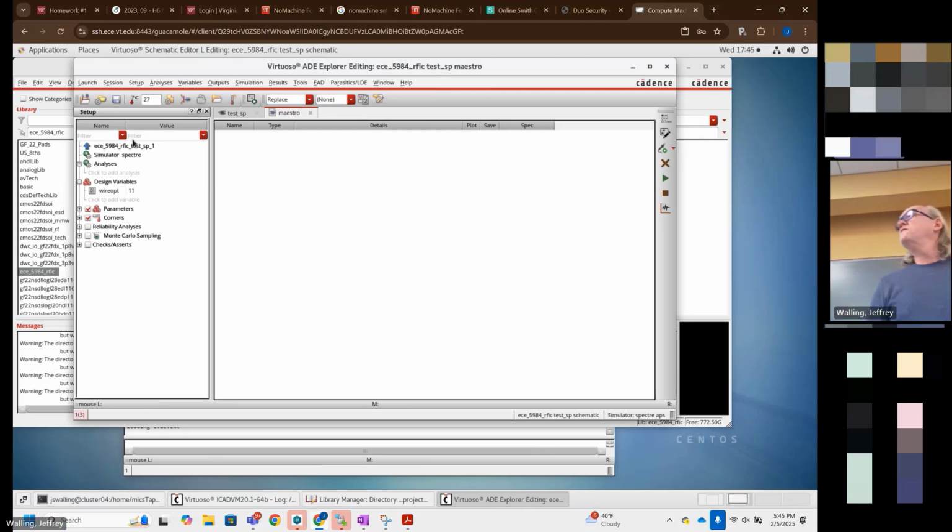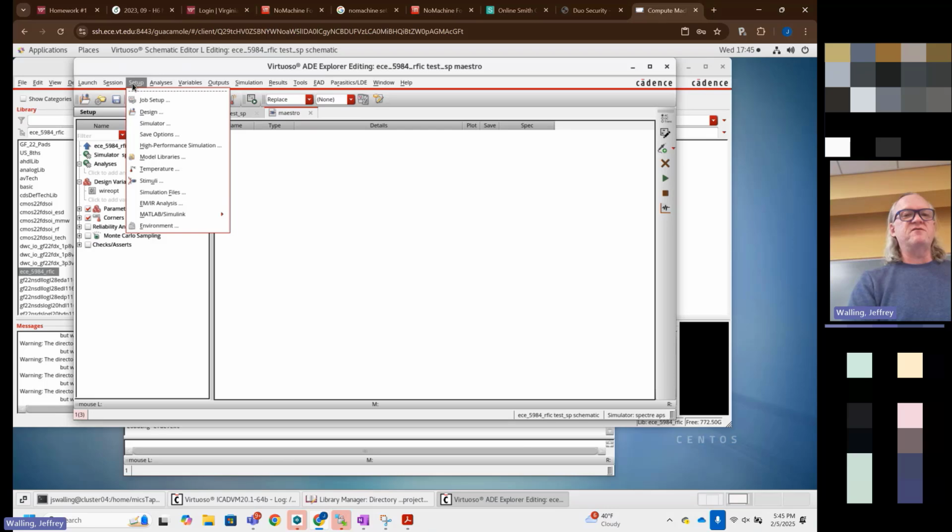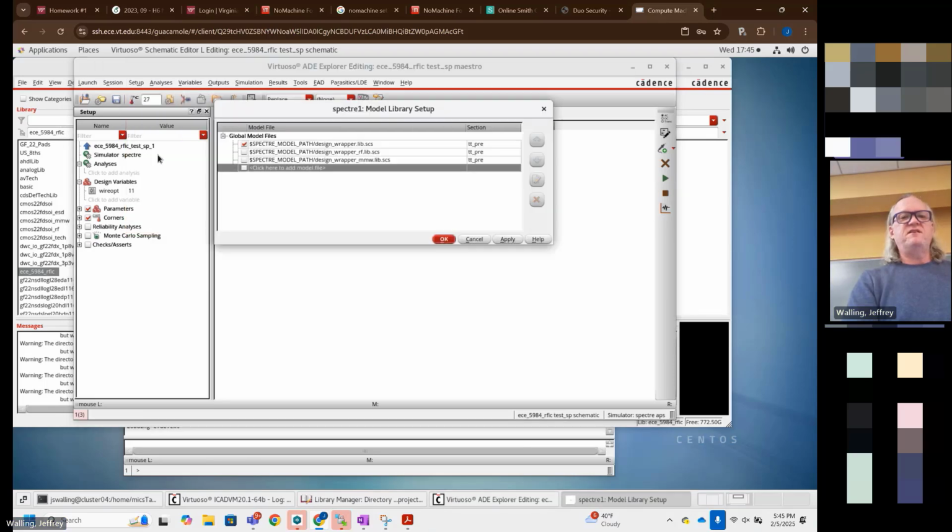All right. Now, most of this stuff in the environment will already be set up for us. We don't need to change anything, but sometimes you will have to change model libraries, for instance. In our case, they'll be set up to work from the get-go.